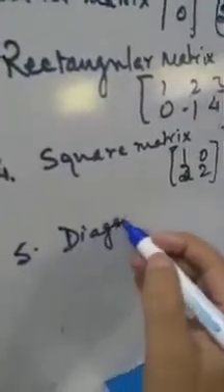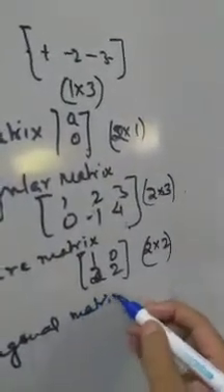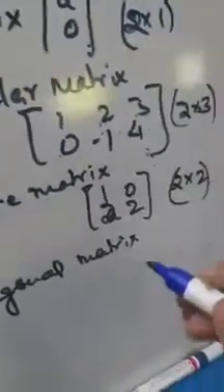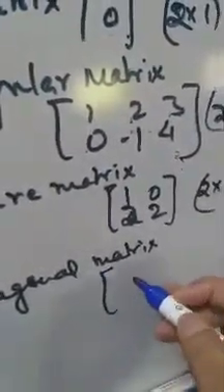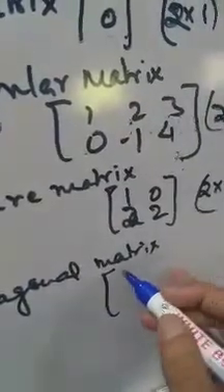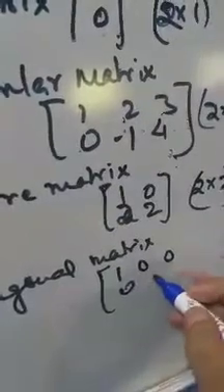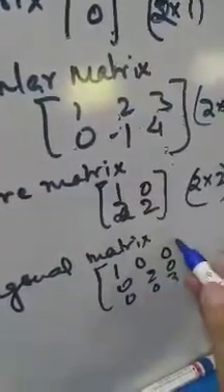Next is the diagonal matrix. What is a diagonal matrix? The diagonal matrix has to be a square matrix, and except its leading diagonal elements, all other elements are 0. For example, 1, 0, 0, 0, 2, 0, 0, 0, 3. What is the leading diagonal?